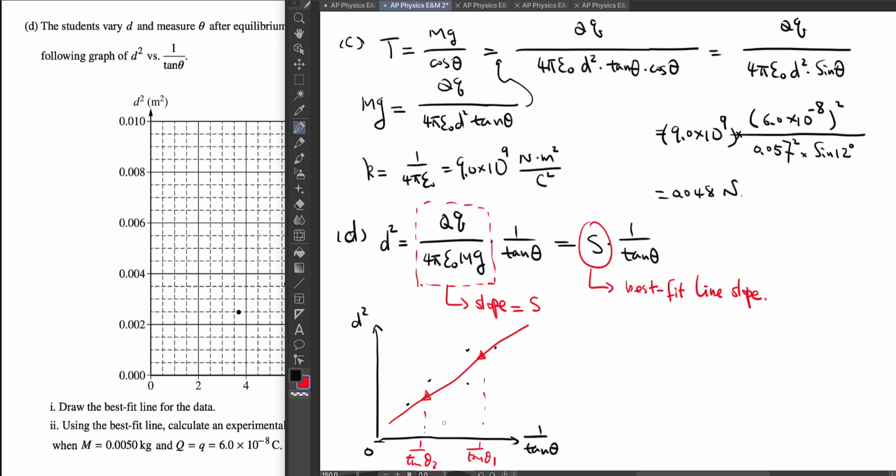So that's the x coordinate, and we should have d2 squared and then d1 squared. Okay, and then the slope S is given by d1 squared minus d2 squared over 1 over tangent theta 1 minus 1 over tangent theta 2. Okay, with this set of data, you'll be able to calculate this slope S. We'll get some data there.